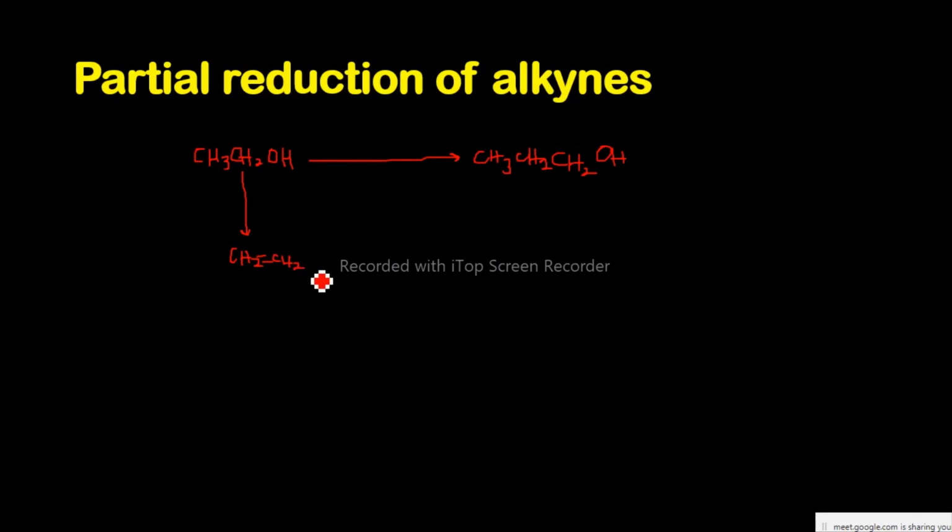Now from ethene, we add Cl2, though we haven't studied the reactions of alkenes, and we form CH2Cl-CH2Cl.